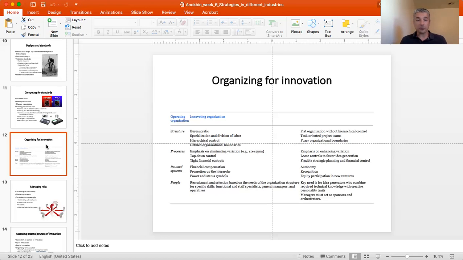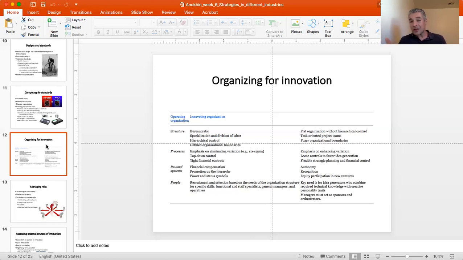This is the product that all of us use multiple times throughout our lives, and it's been very successful. So because the company allows people to do their pet projects, it encourages creativity and innovativeness. And managers should really be more of sponsors and orchestrators rather than autocrats that just make sure procedures are followed.